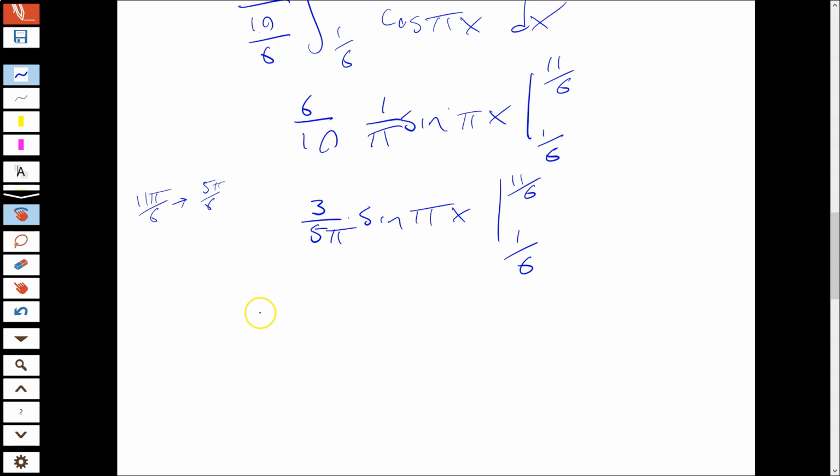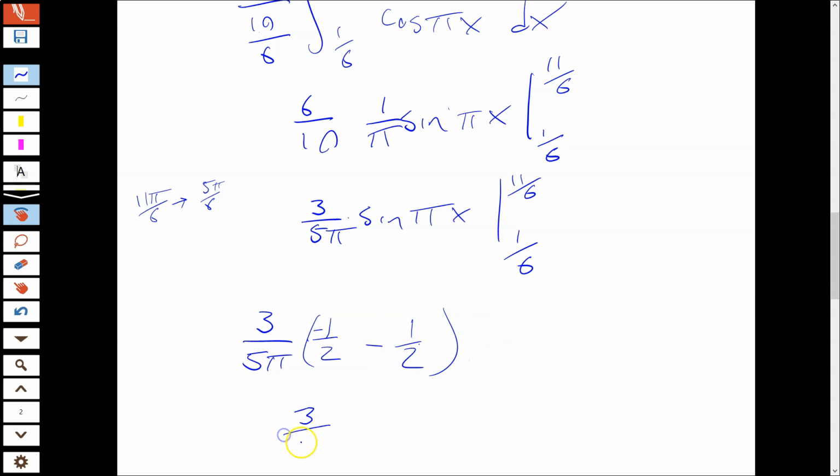So as I plug this in to evaluate, 3 over 5 pi, I'm going to leave that factored out, and you get negative 1/2 minus 1/2. Negative 1/2 minus 1/2 is just negative 1.